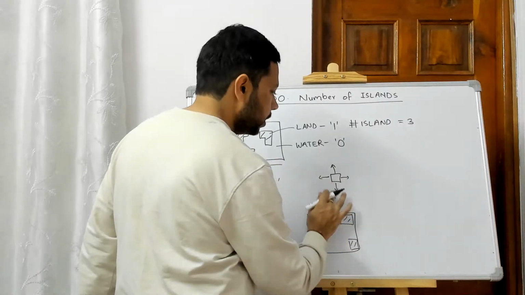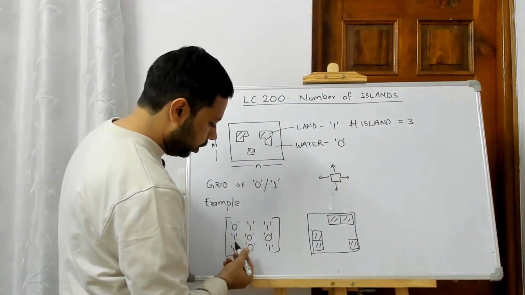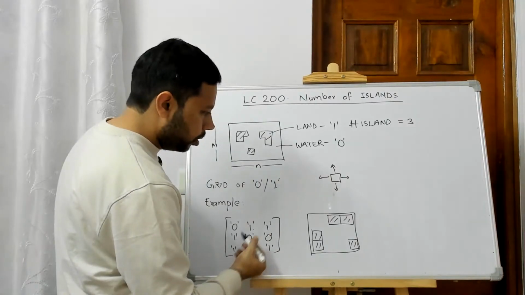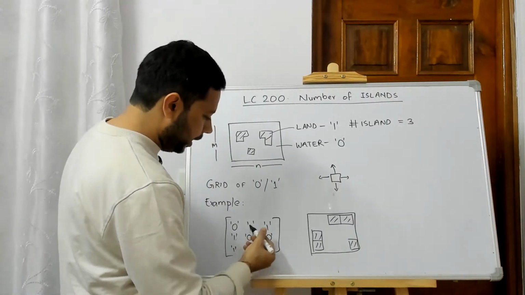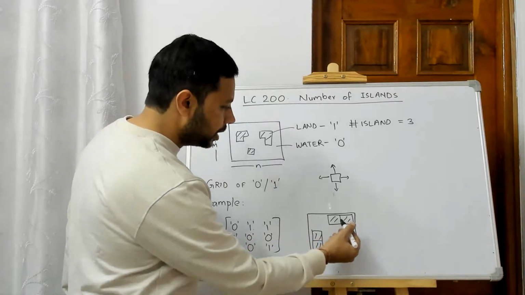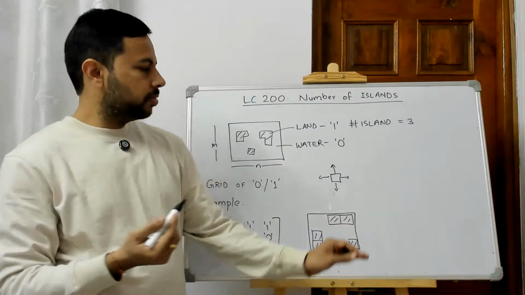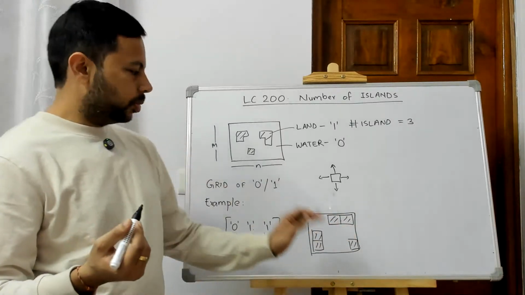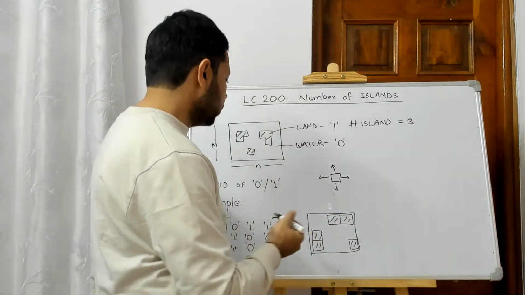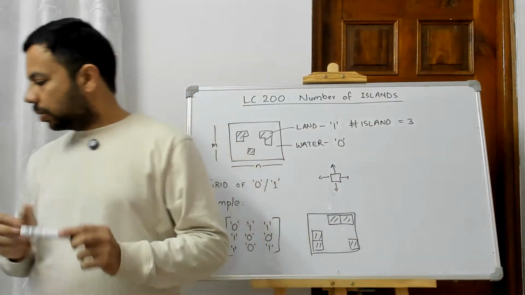For example, these two ones, although they are diagonal neighbors, don't form a single island. These two are separate islands. So how many islands do you see on the whiteboard? 3. That's what you have to find. Now that's the explanation of the question.